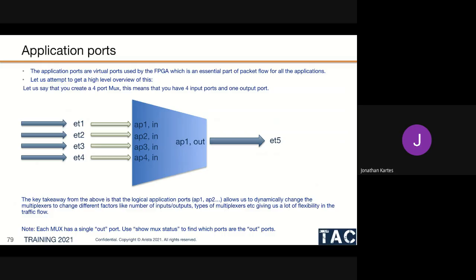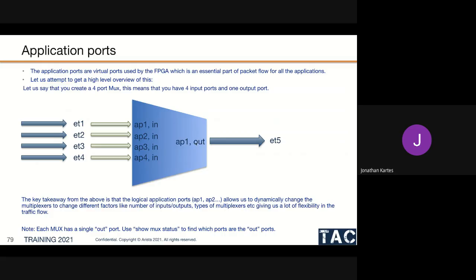So we have a bunch of FPGA ports, and in this case, when we look at our interface statuses for the MUX, we'll see that we have an AP 1, 2, 3, and 4 in, and that we also see that AP 1 is out. Now, what that means is whichever port has the out, that's not configurable. That is statically defined.